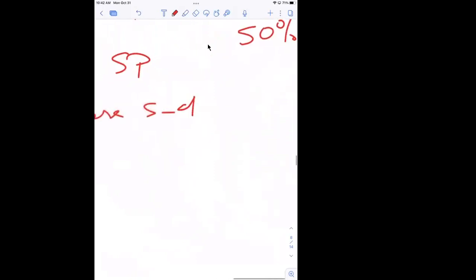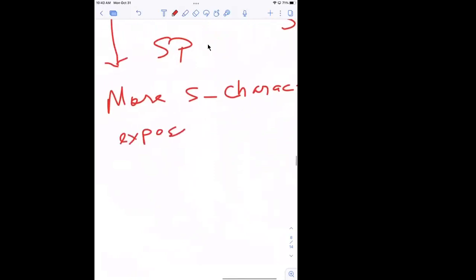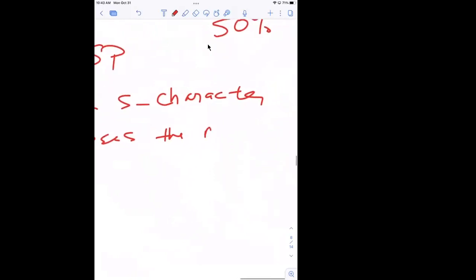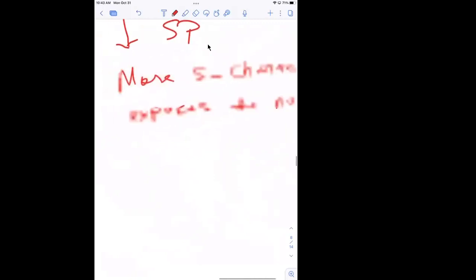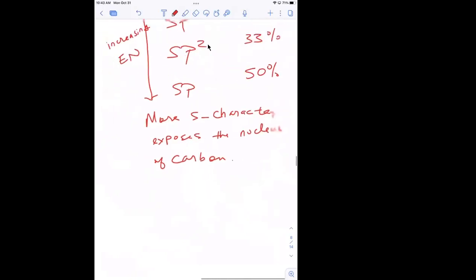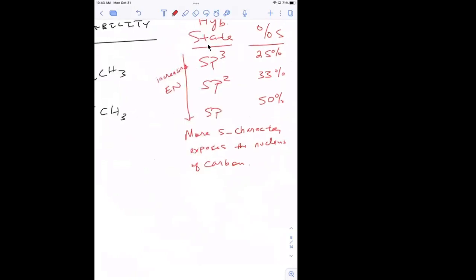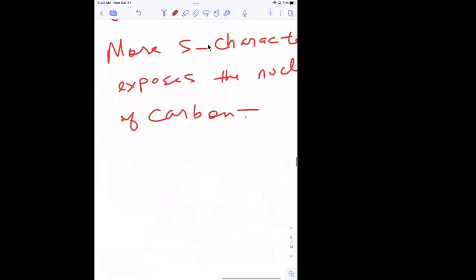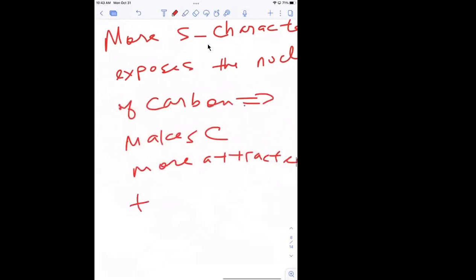More s character exposes the nucleus of carbon, and of course the nucleus of any atom is positive, so it's going to be attracted more to electrons, and that makes it more attractive.